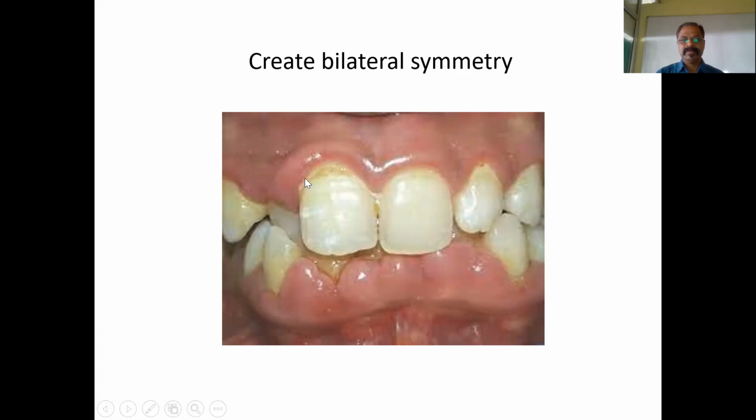We see a more apical placement of your margin here. So here it looks so unesthetic, isn't it? So this is another indication that you're going to do a little bit of a plastic procedure or a gingivectomy procedure to eliminate this amount of tissue so that you create a bilateral symmetry. So again, this is one of the indications of gingivectomy procedure.